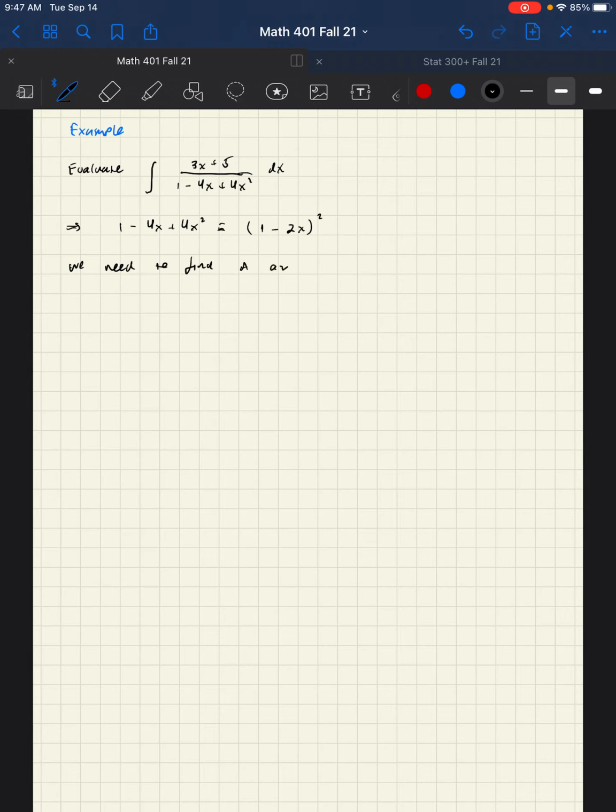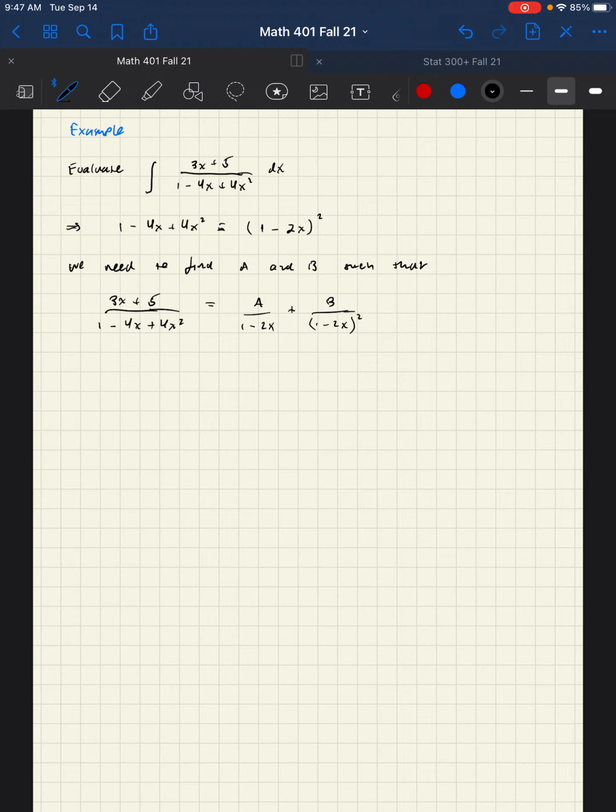So the undetermined coefficients a and b, such that that whole right side, the 3x plus 5, so the original rational function that we're integrating can be written as a over 1 minus 2x plus b over (1 minus 2x) squared.